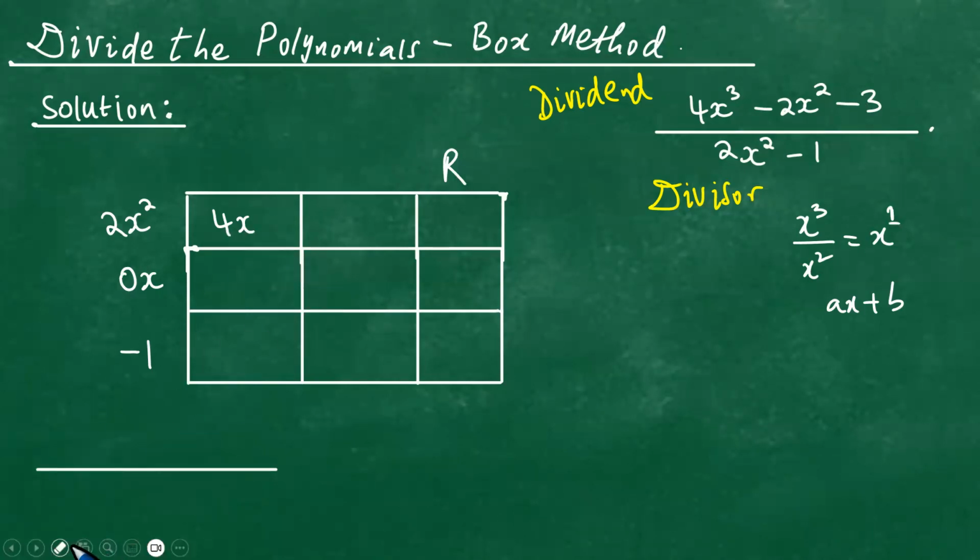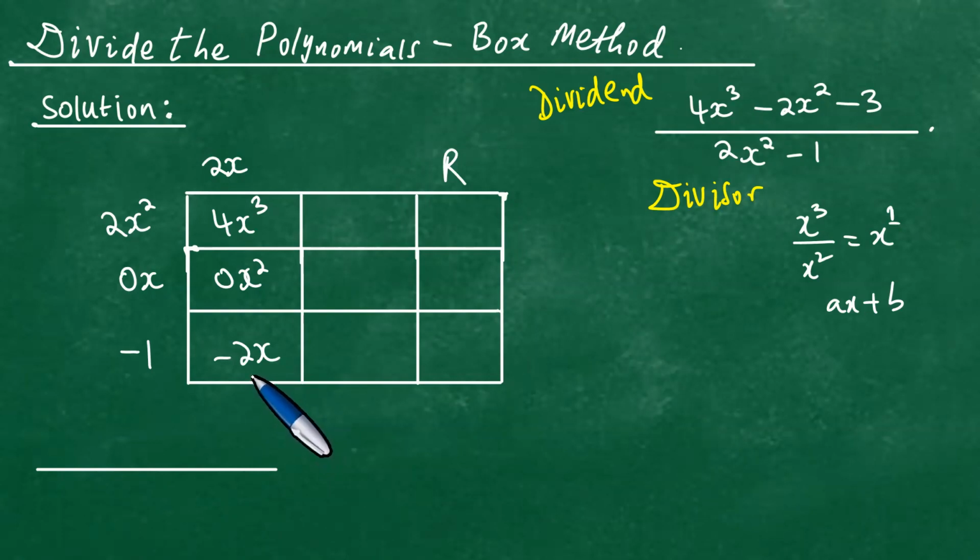It occurs in the numerator, and therefore we write it down first. We divide 4x cubed by 2x squared, and what we get is twice x. In which case, we multiply 0x times 2x, we get 0x squared, minus 1 by 2x, minus twice x, like so.